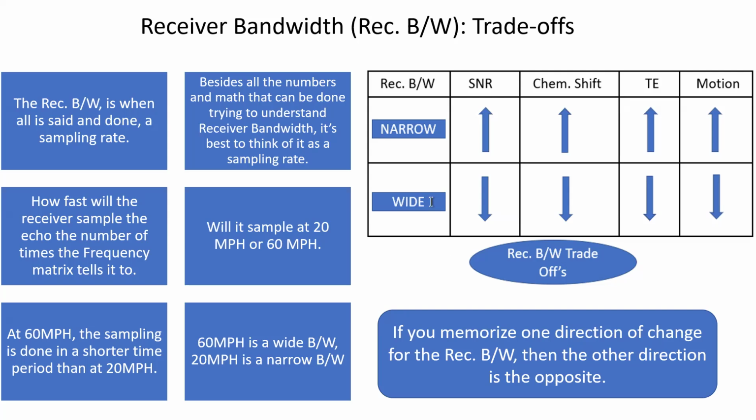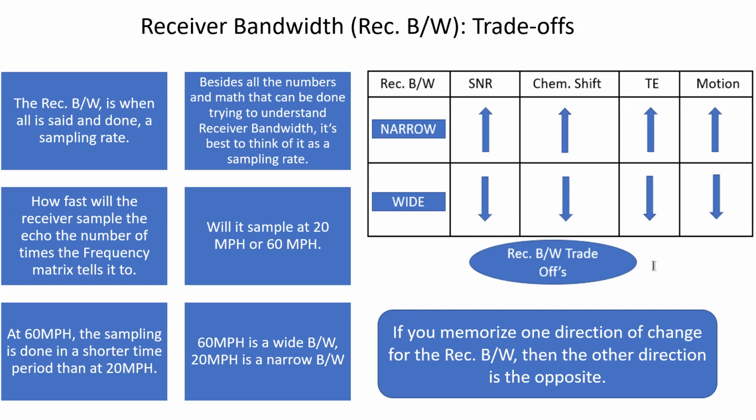Okay, so if you go to a narrow bandwidth from wide, you're going to increase your minimum TE. Okay, because the narrow bandwidth is a slow sampling rate. It's going to take you longer to sample that echo. Your minimum TE goes up. Remember what the definition of TE is. It's the time from excitation to the center of the echo.